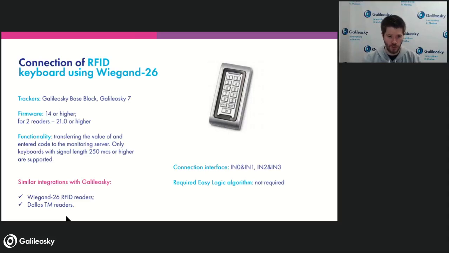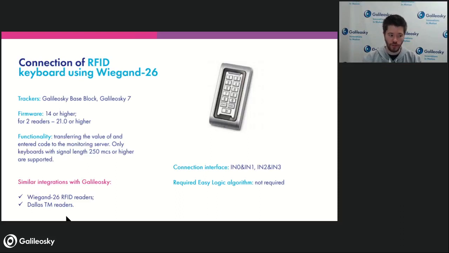The thing that you should pay attention to is that it's only up to the keyboard itself in what format it sends data to the tracker. It can send it directly or in hex format as the code that was entered, or it can add some symbols, or it can modify the code that was entered, and the tracker will have to somehow retranslate it back to what code was entered. So that's just what you should pay attention to.